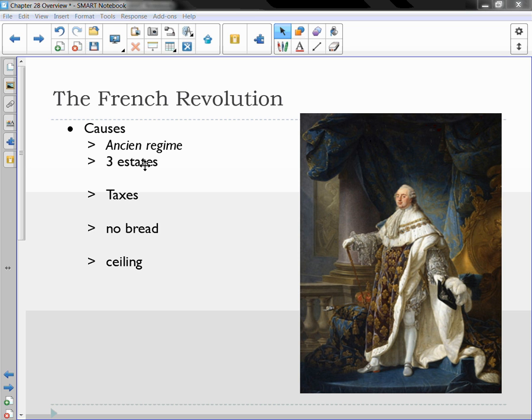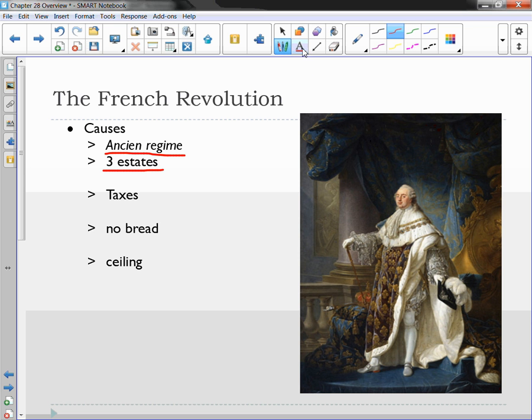And these causes are outlined in great detail. I'll show you in just a second here. But the biggest one is that their government is incredibly old school, called the Ancien Regime. They have a society divided into three estates.